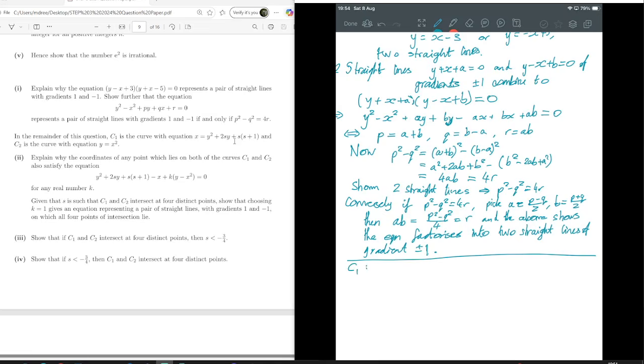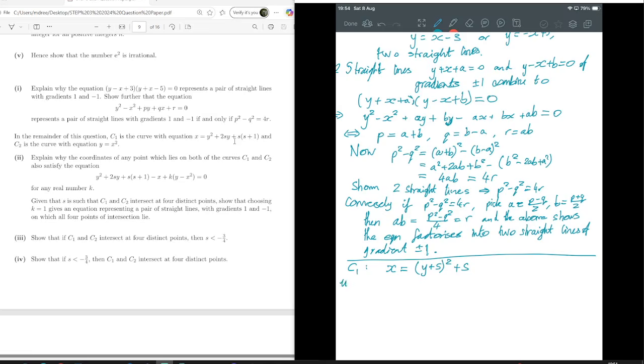So before I go any further, I'm going to say that C1 could have also been written as (y plus s) squared, which would have given me the y squared, the 2sy, and an s squared, but I have an extra plus s. So there's an alternate form that might be useful for C1.